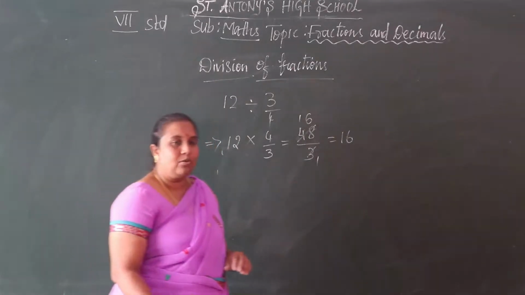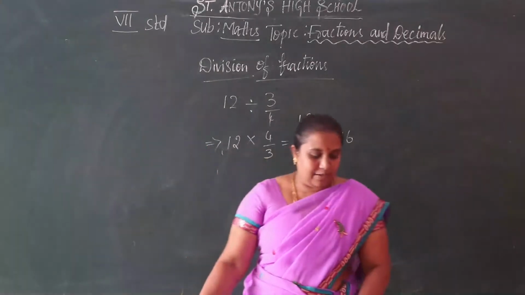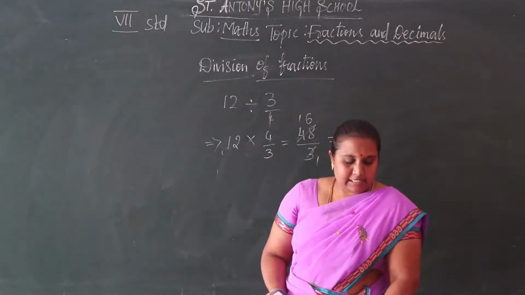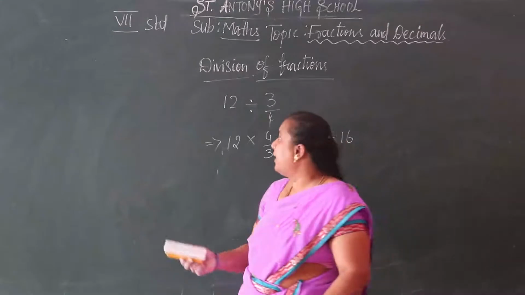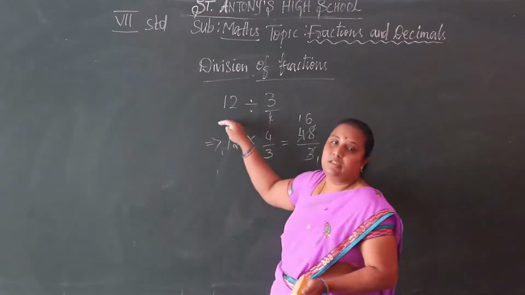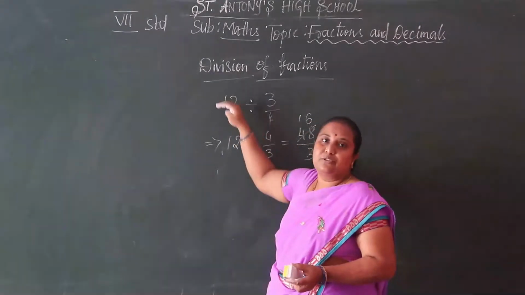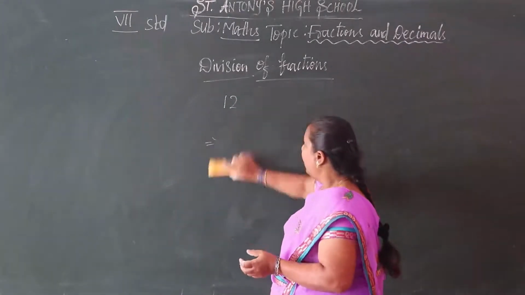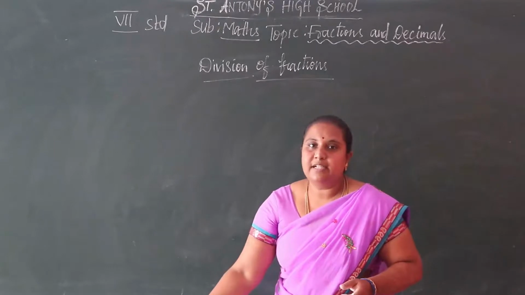It is correct. Let us see one more example: 7 by 3 divided by 2. You can have a doubt: ma'am, first it should be a fractional form, how to take the reciprocal? You can write in the reciprocal form.